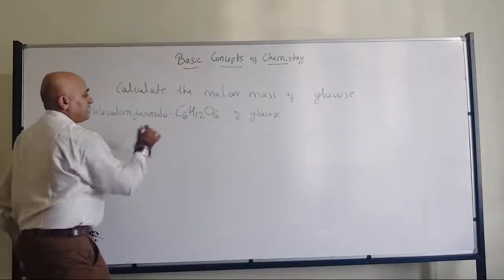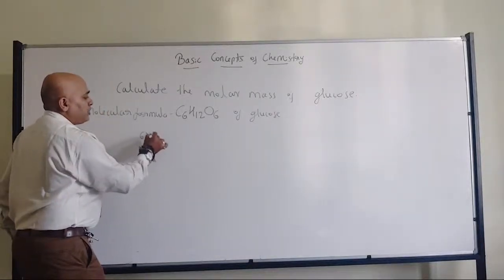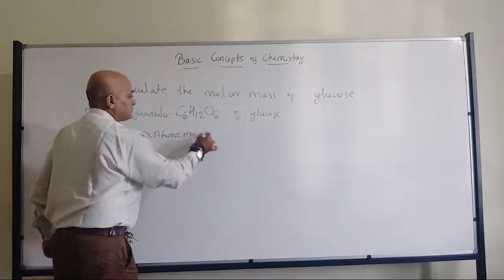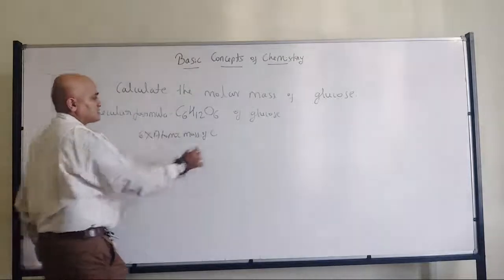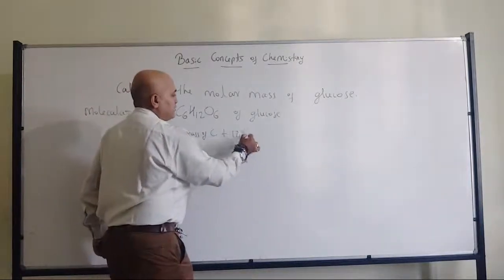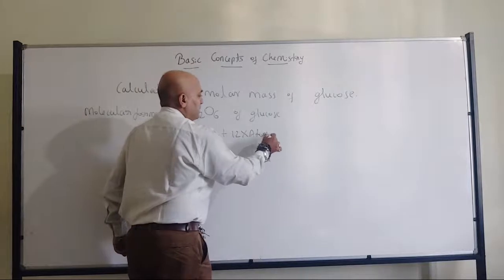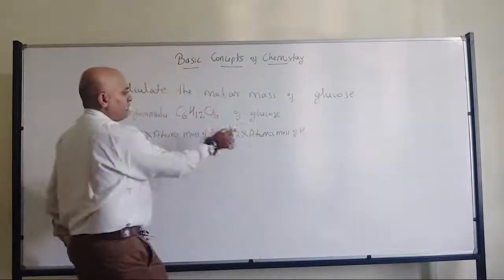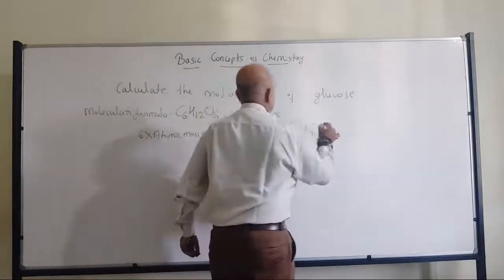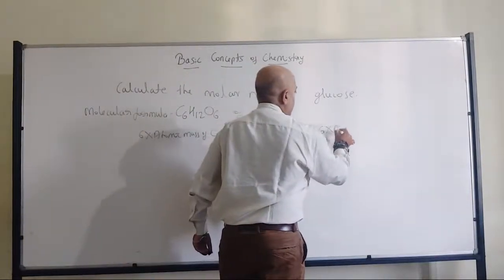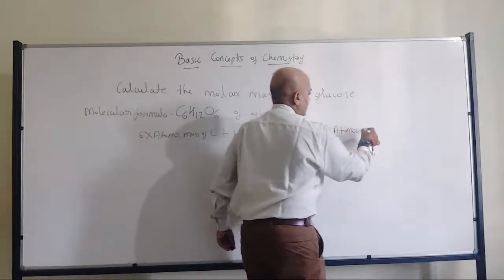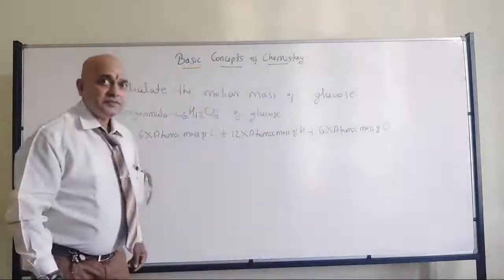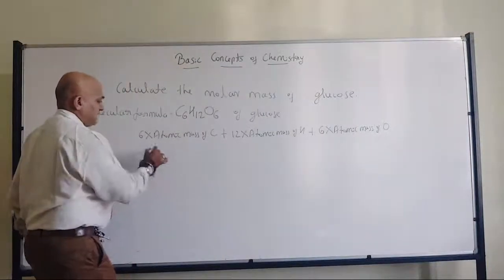Absolutely correct. Now, 6 into atomic mass of carbon, because we have 6, plus 12 into atomic mass of hydrogen, because we have 12 hydrogen, plus 6 into atomic mass of oxygen. It should be 180.